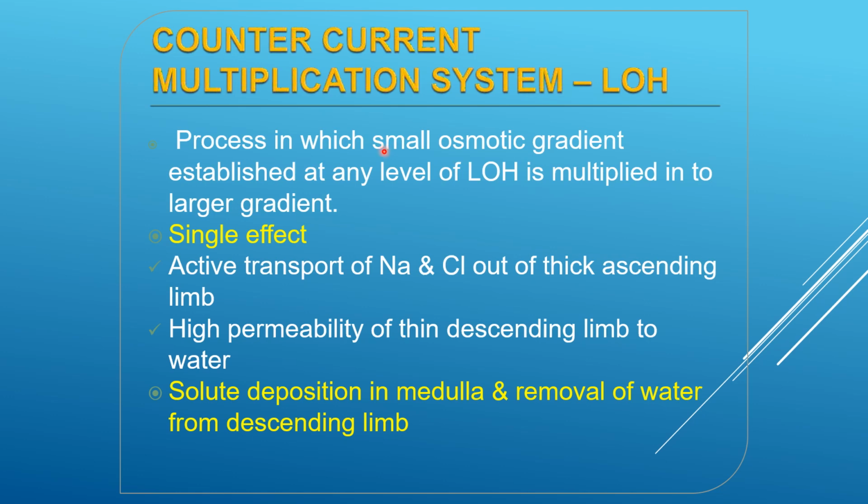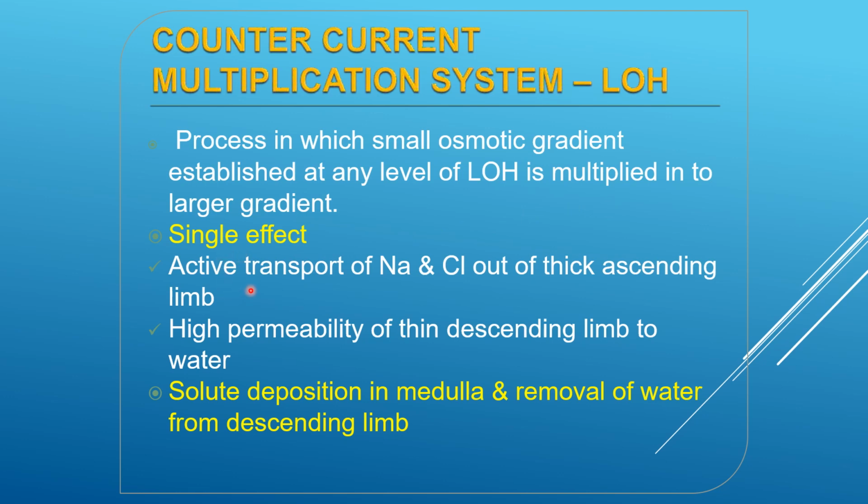So first we will see the countercurrent multiplication system. It is a process in which a small osmotic gradient established at any level of loop of Henle is multiplied into a larger gradient.